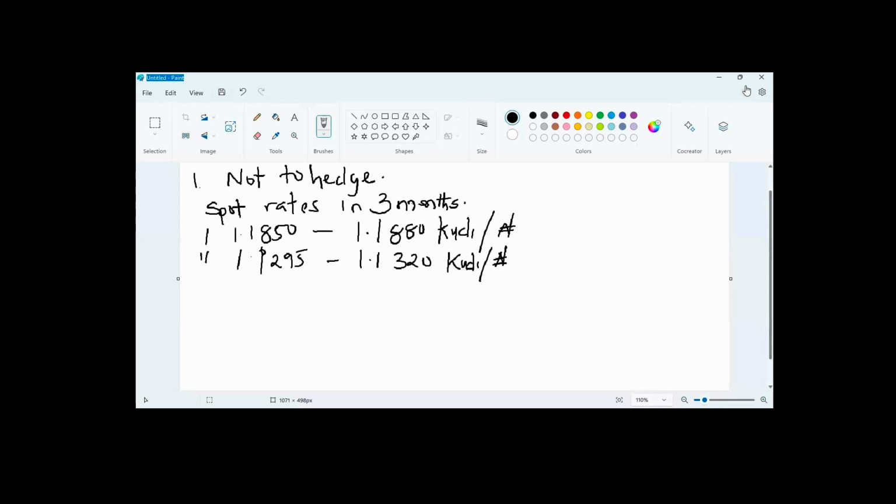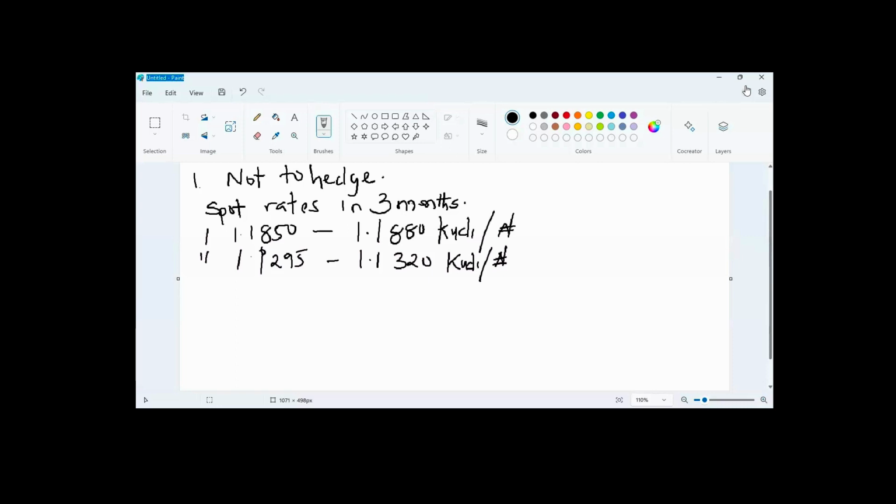That means the customer is the seller and the bank is the buyer. Giving an indirect quote, at what rate would the bank buy?